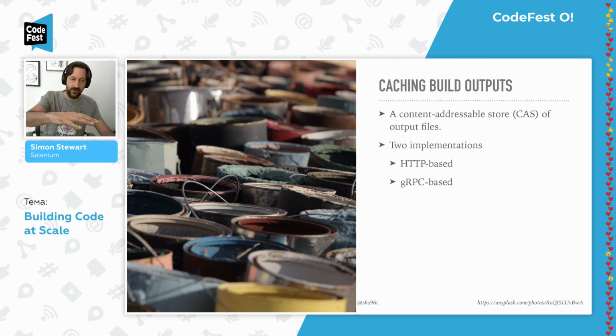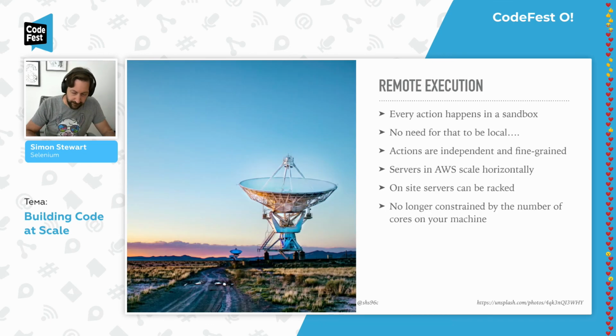So whatever language you're using, the build is composed of actions. Those actions have a key. We can look that key up in the store and we can push to the store. There are 2 implementations of that. The first one is HTTP based, and the second, more widespread one, is built using protocol buffers.